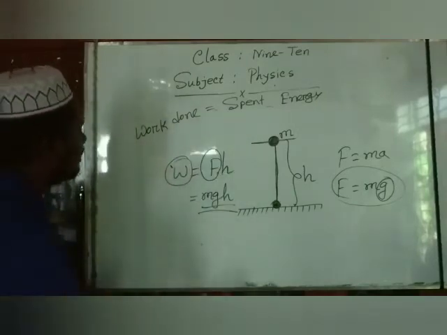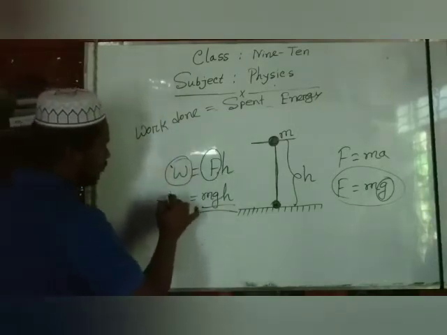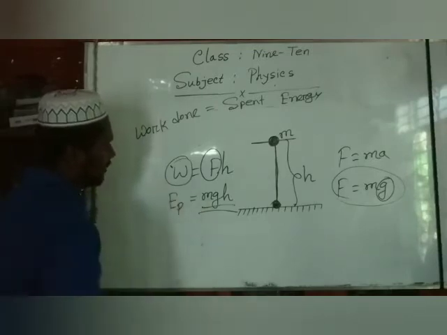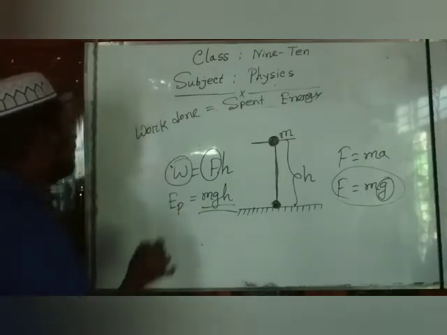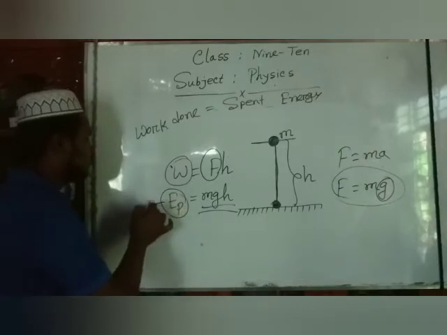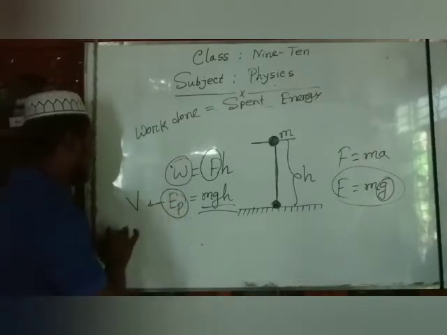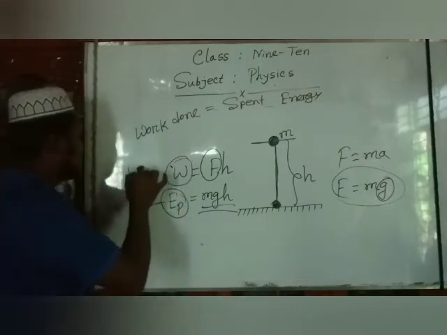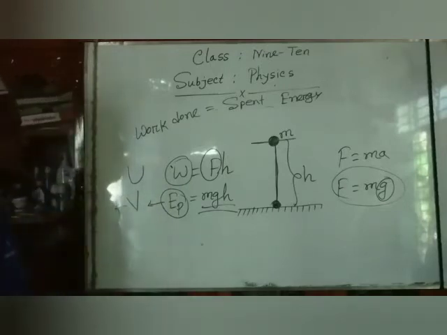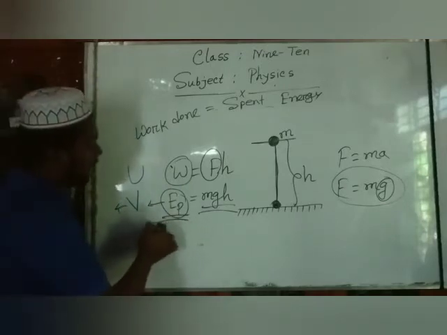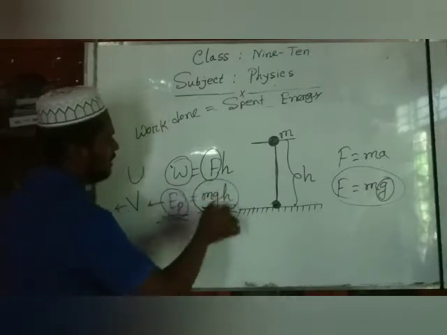So dear students, potential energy is denoted by EP or V or U. The potential energy EP equals mgs.